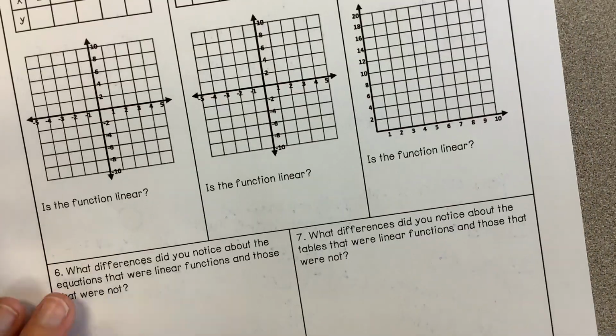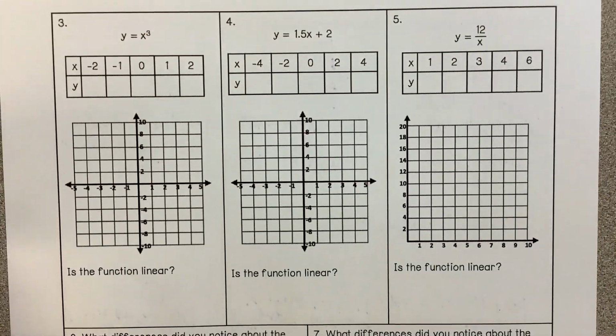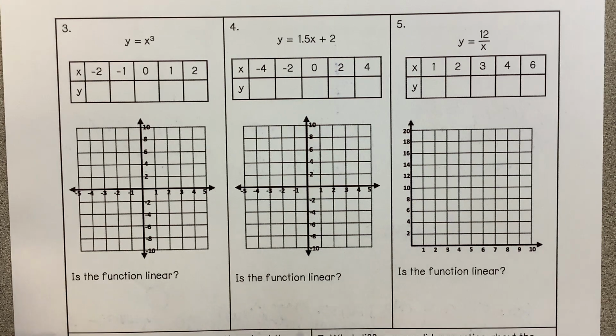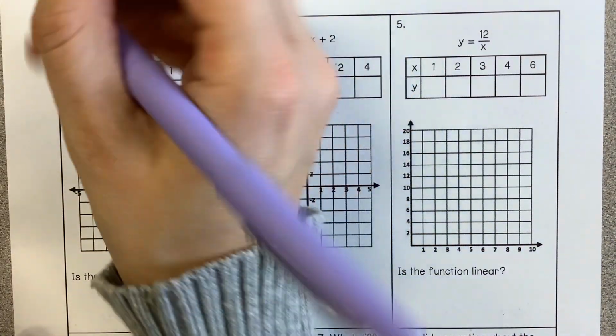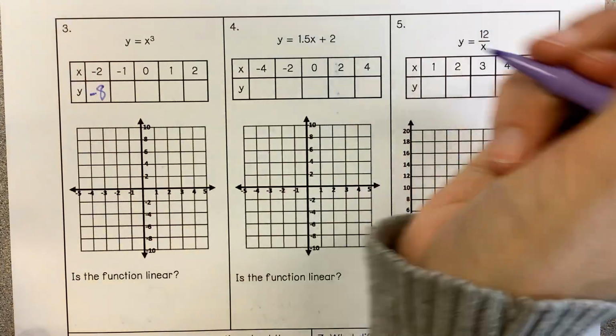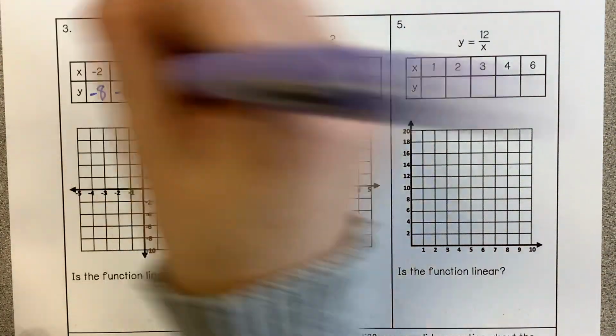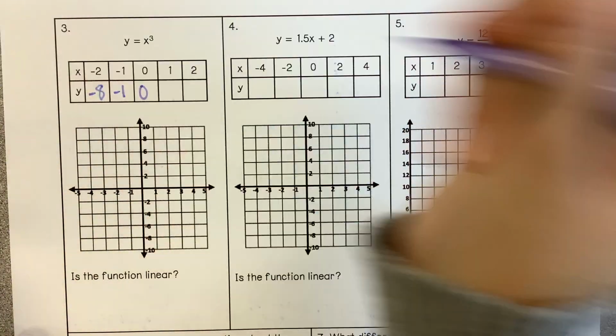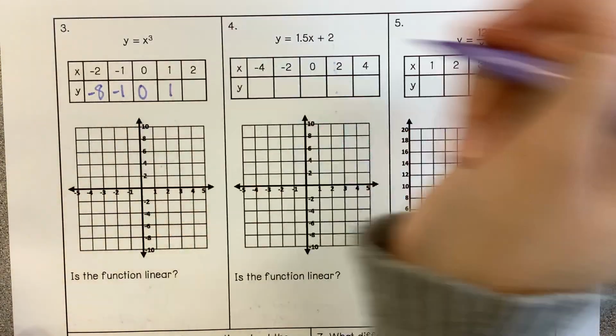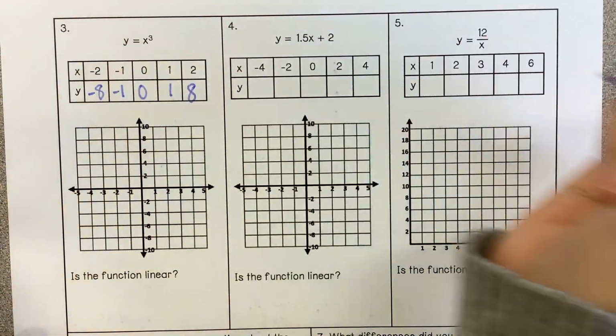So let's look at these three examples. If we have x cubed, so negative 2 to the third power is negative 8, negative 1 to the third is negative 1, 0 to the third is 0, 1 to the third is 1, 2 to the third is 8.